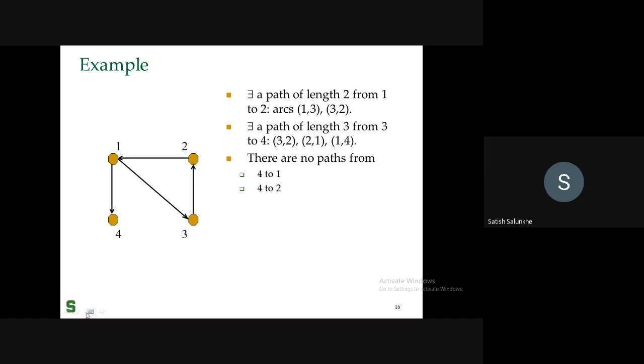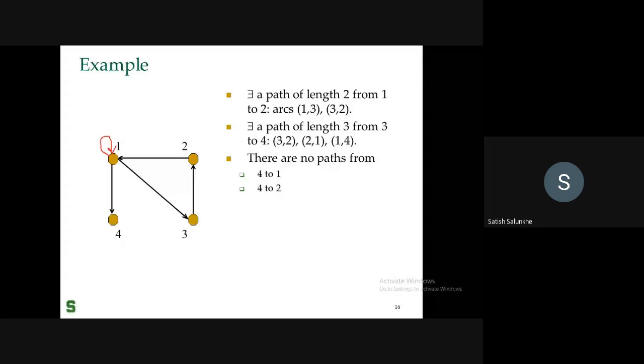If 1 is connected with itself, then you may have one more arrow here. At present 1 is not connected with itself, but if you do have this, it is called a self loop, connected with itself having zero length.